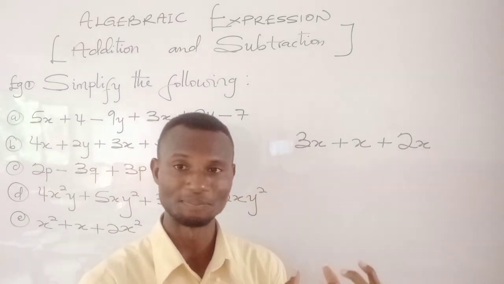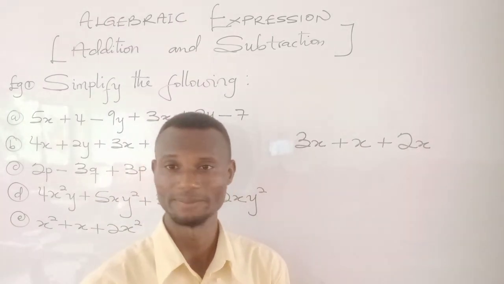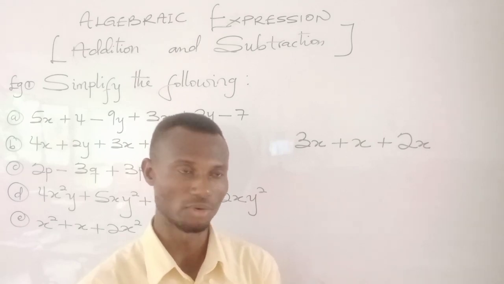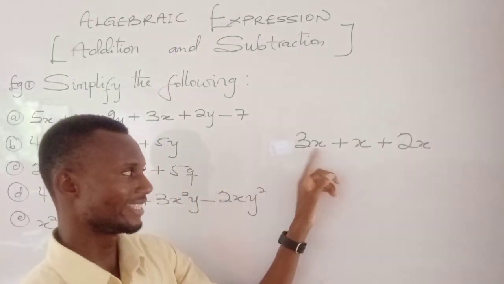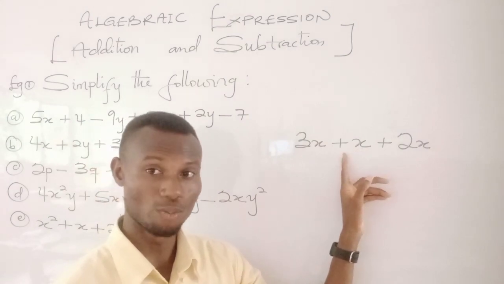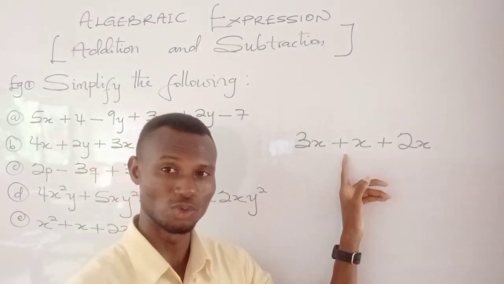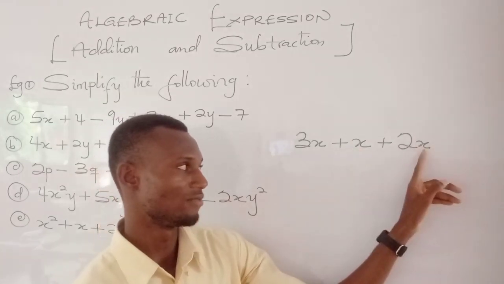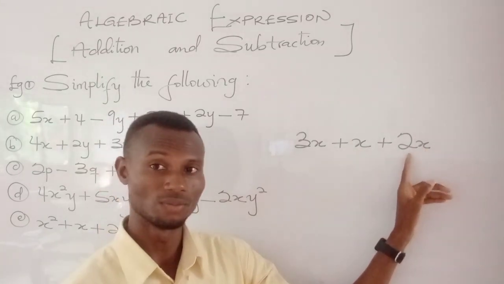We can add them. How do we do the addition? We deal with the coefficient of the variables. So the coefficient of this s is 3. The coefficient of this s is 1. I hope you remember I explained this to you earlier. And the coefficient of this s is 2.